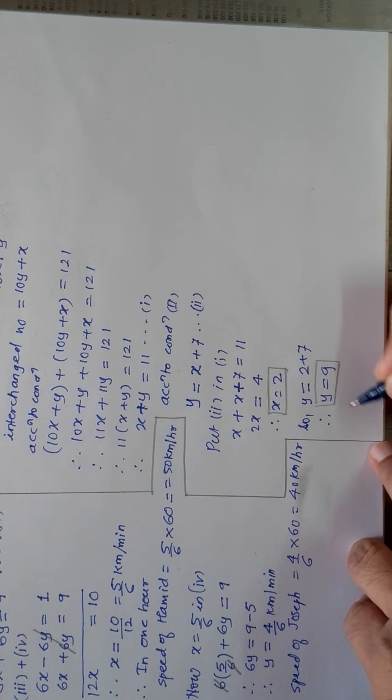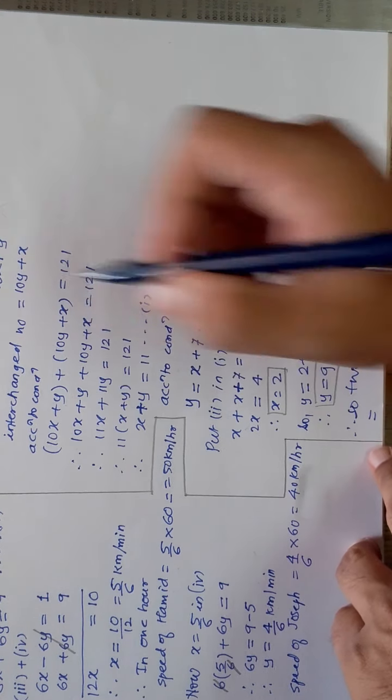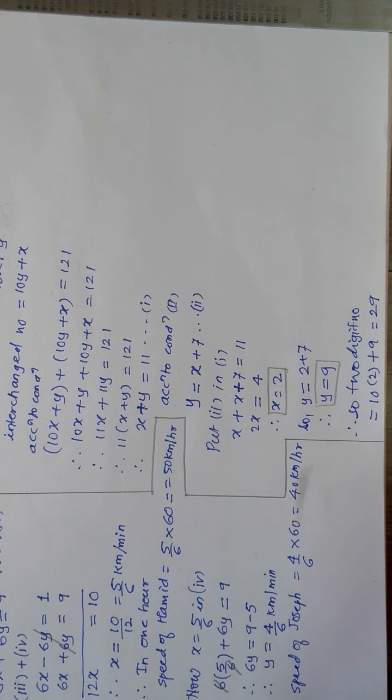So the 2-digit number will be 10x plus y. 10x plus y means 10 into 2 plus 9, that is 20 plus 9 is equal to 29. Okay.